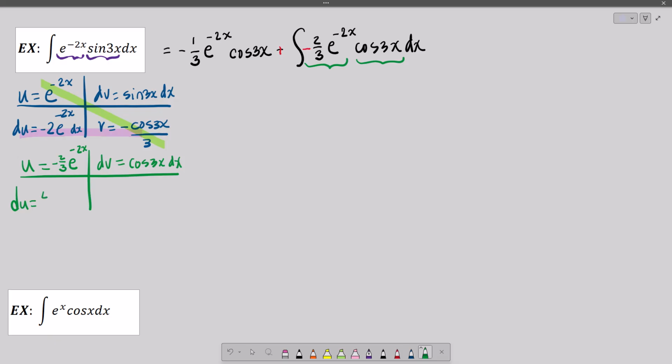So we're going to end up with 4/3 e to the negative 2x dx. And v will be sine 3x over 3. Derivatives and integral, okay? So remember, for an exponential, our rule is that the derivative is itself multiplied by the derivative of the exponent.